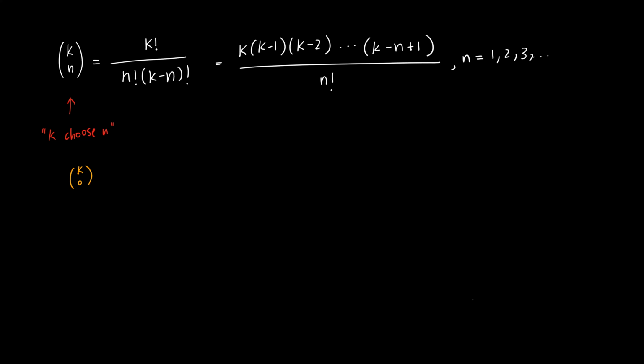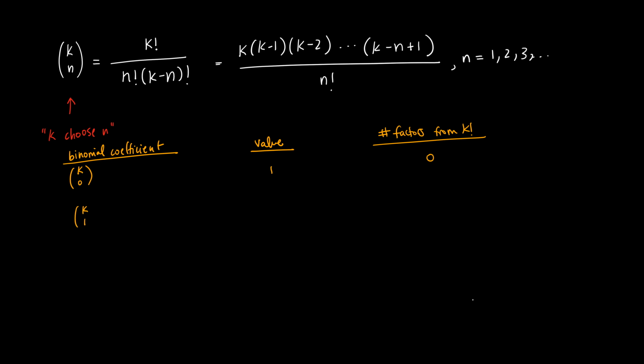This can be our binomial coefficient, this can be the value, and this can be the number of factors from k factorial. For the first one, we have k choose 0. The value is always 1, and we have no factors from k factorial in this expression.